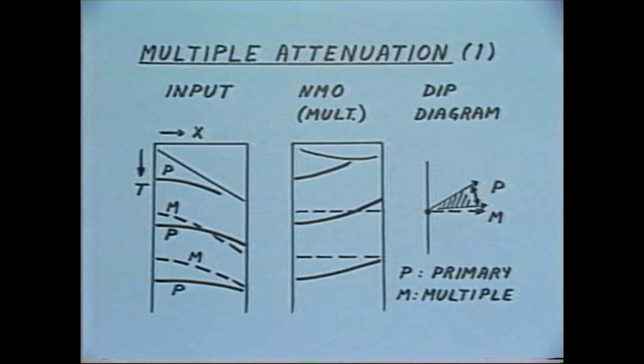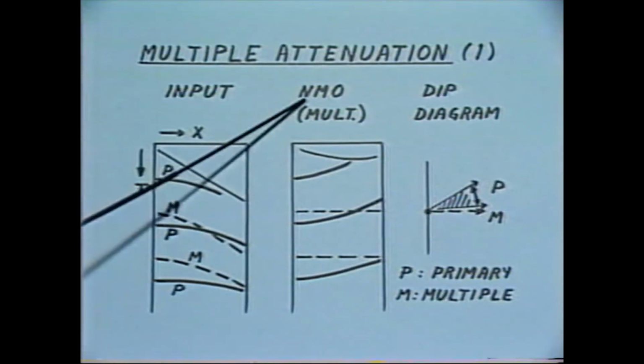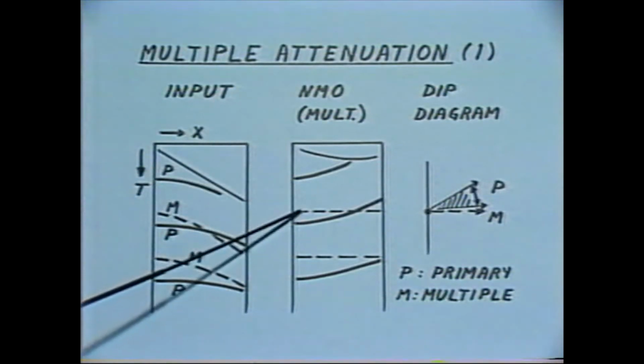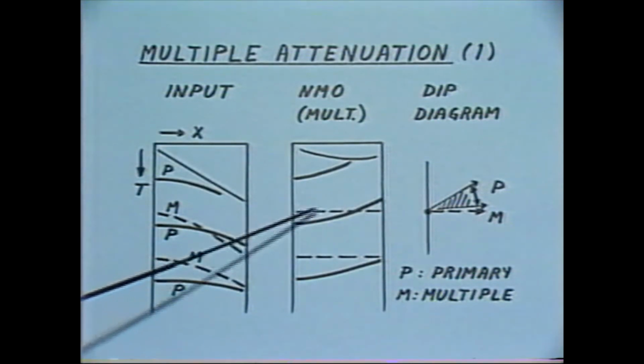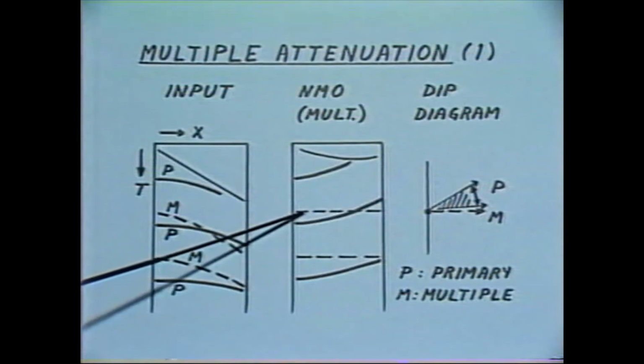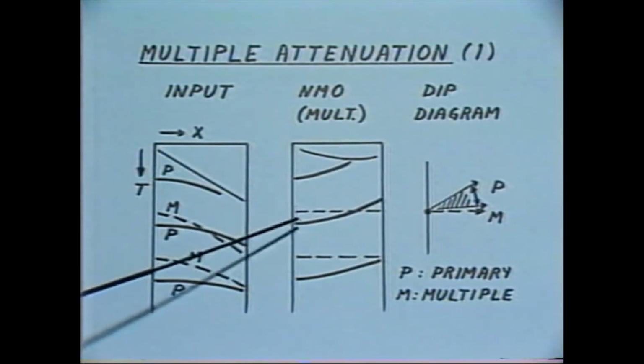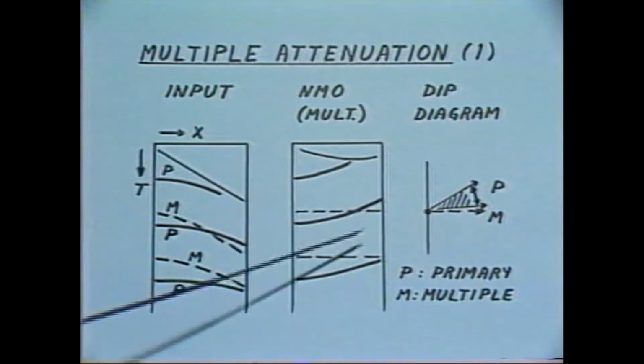Therefore, it's possible to apply normal move-out correction to this common depth point set of traces, but this would be normal move-out correction which is for the multiple reflection curvature. So that after that NMO correction, the multiple events would be at the same time on each of the CDP traces, so they would be flat across the CDP traces. The primary reflection events would now curve the other way on the set of traces.